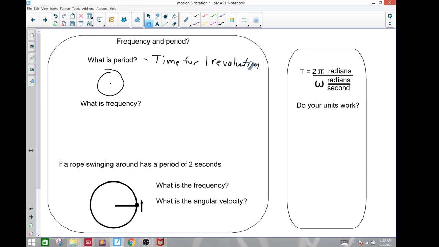We often symbolize it with a capital T. So in this case, what's frequency?